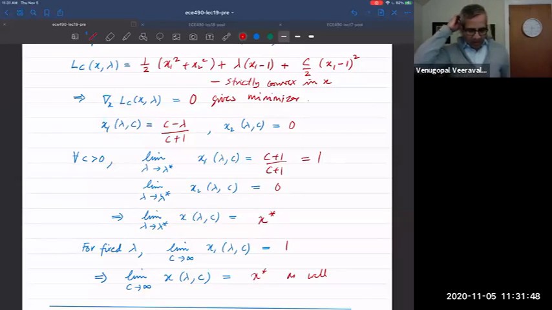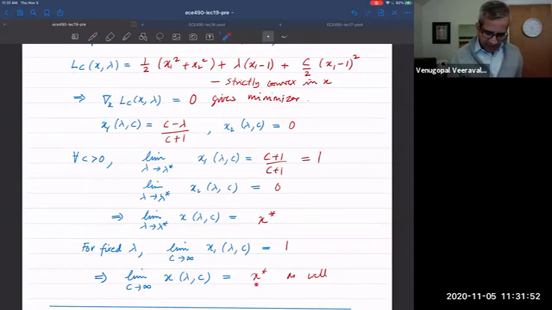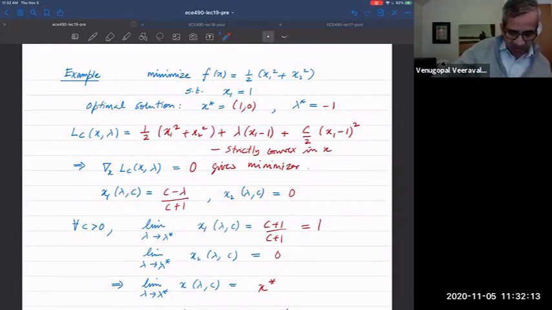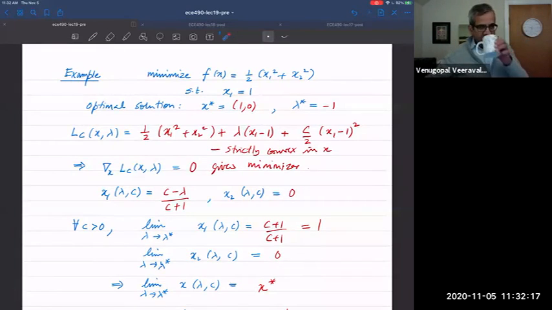Okay, but this result is not as interesting. What's more interesting is that if you can choose your lambda close to lambda star, then C doesn't have to go to infinity in order for the minimizer of the augmented Lagrangian to be close to x star or equal x star.